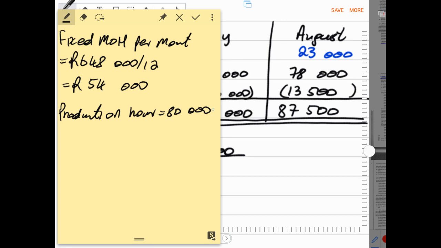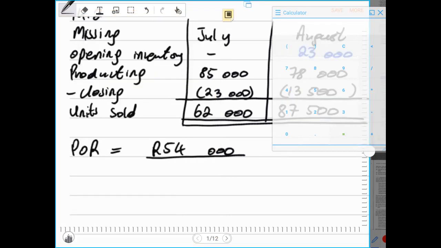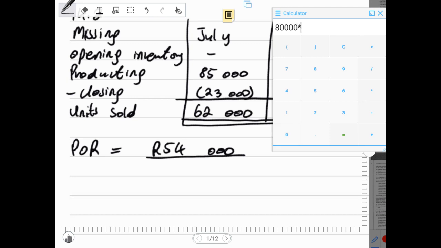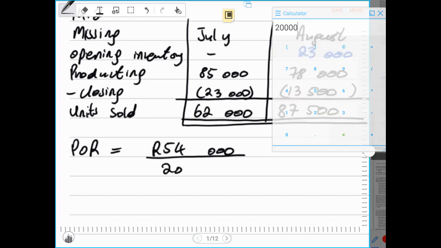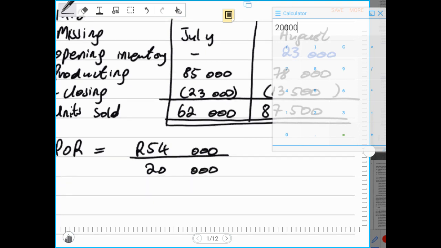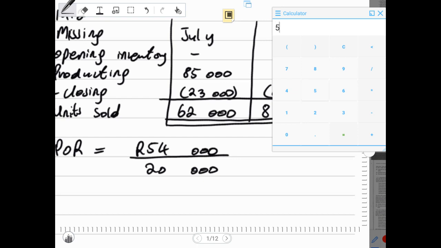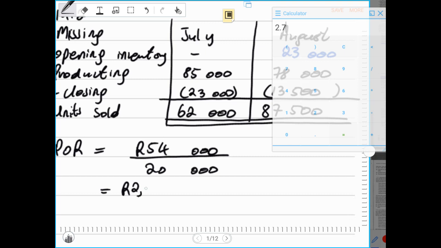Production hours is equal to 80,000 units times 0.25, which gives us the total hours to manufacture 80,000 units. 80,000 times 0.25 gives us a total of 20,000 hours. And if you say 54,000 divided by 20,000, this will give us 2.70 per hour. So our POR per hour will be 2.70.